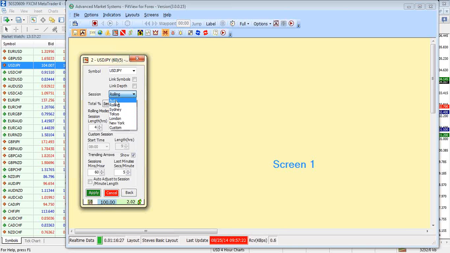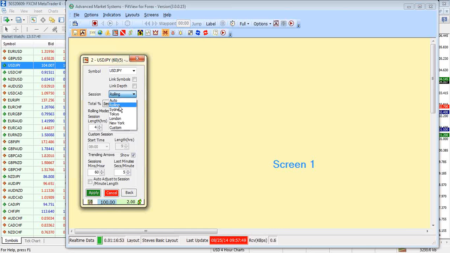In order to look back 24 hours, they have what are called auto and rolling sessions. If you're on auto sessions, a lot of times it's not going to let you go back 24 hours, because it's going to automatically reset the PairView every time the Sydney session opens, every time the Tokyo session opens, and every time the London session or the US session opens, it'll reset it.